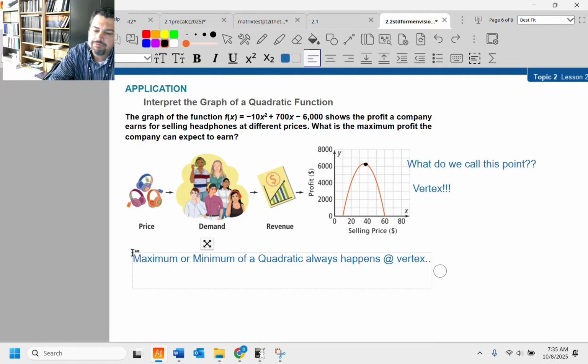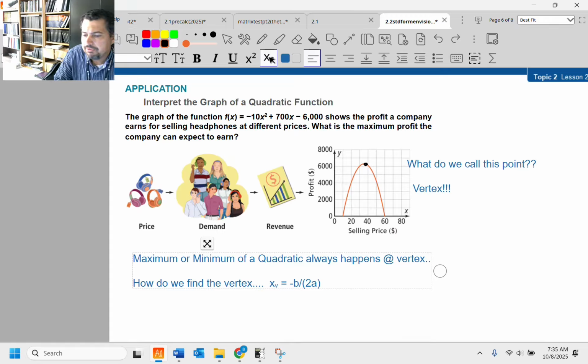And how do we find the vertex? Well, there's a formula for that. The x-coordinate of the vertex is opposite b over twice a. I use parentheses here because I'm writing sideways. You have to have parentheses. It's always at opposite b over 2a.